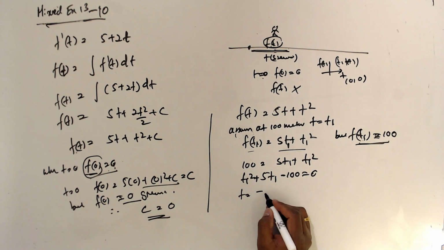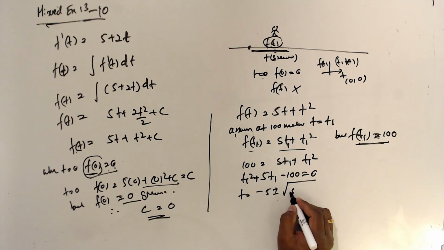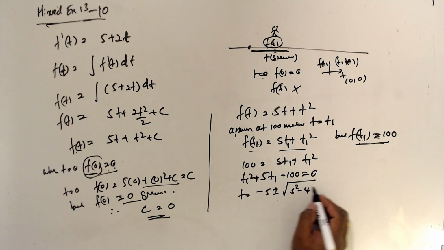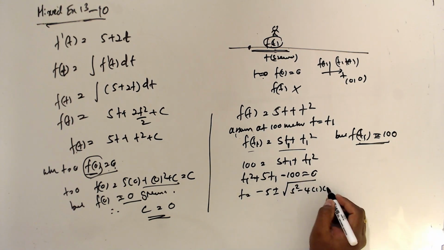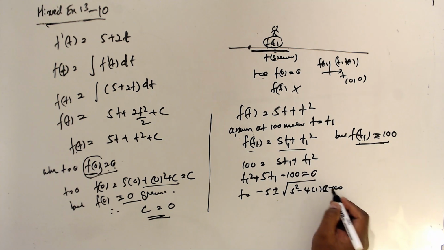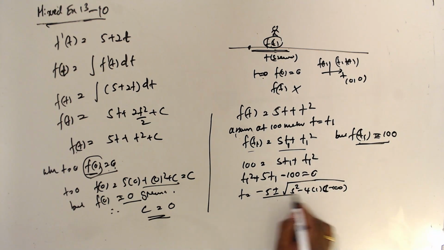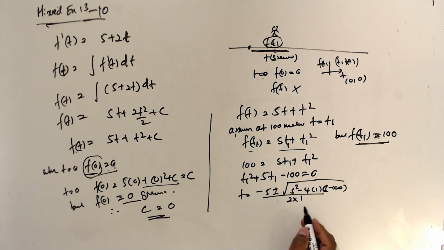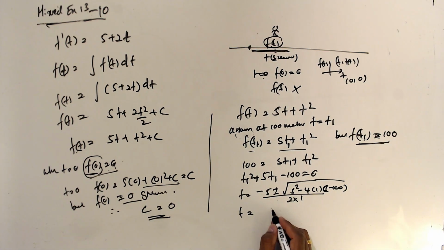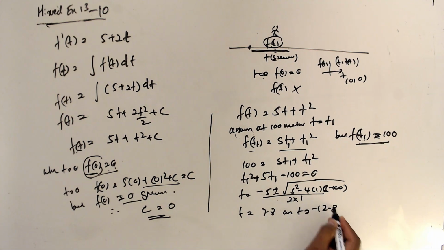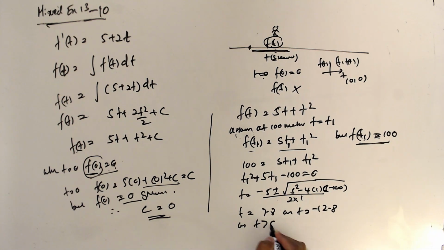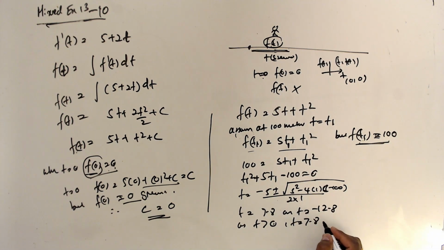So t equals minus b, which is 5, plus or minus the square root of b squared, 5 squared, minus 4 times a, which is 1, times c, which is minus 100, over 2 times a, which is 1. So you will get two answers: t equals 7.8 or t equals minus 12.8. As t is greater than 0, t equals 7.8 seconds.